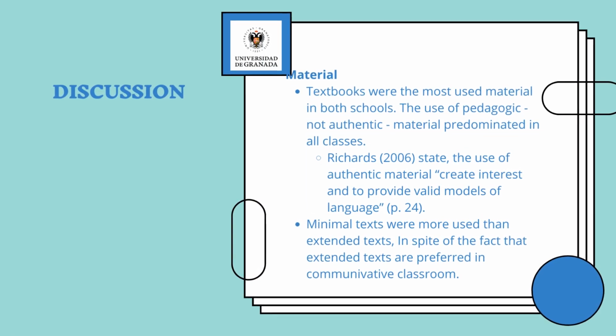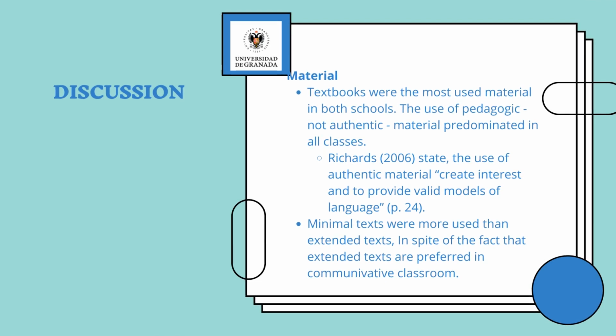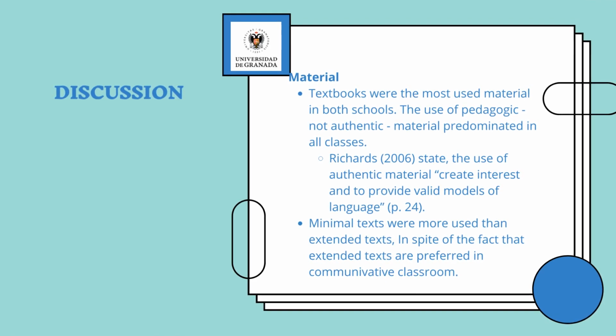The classes in both schools were mainly controlled by the teachers, and this kind of controlled approach is very different from the way in which languages are used in a natural setting, and thus it does not emphasize communicativity.